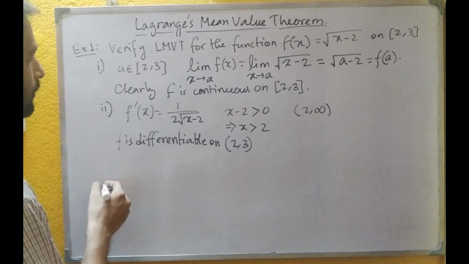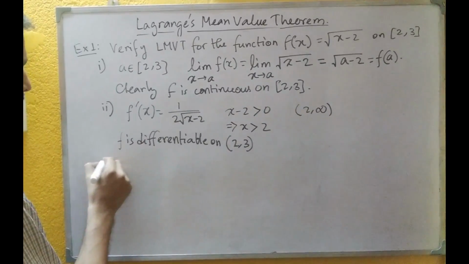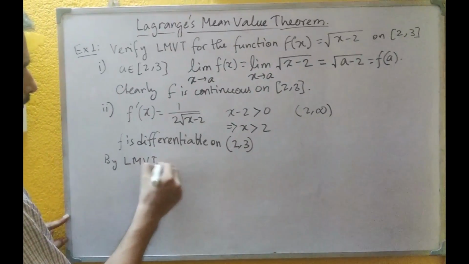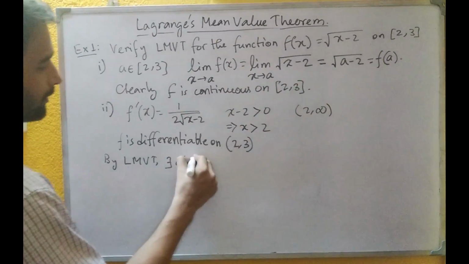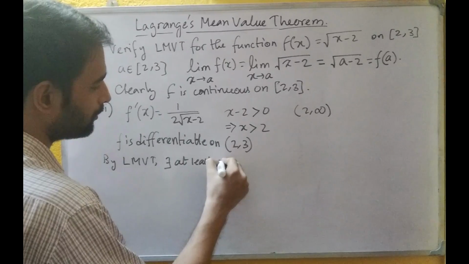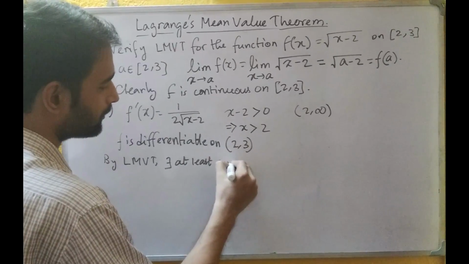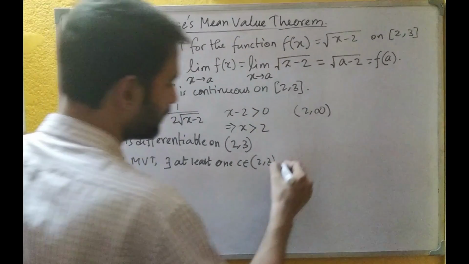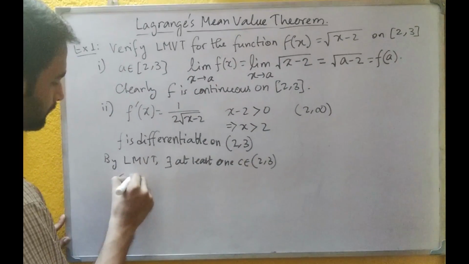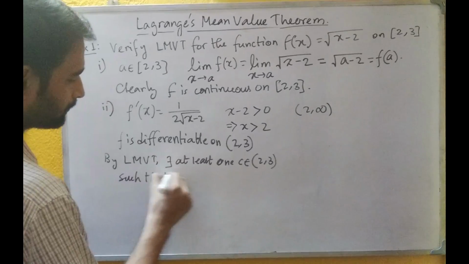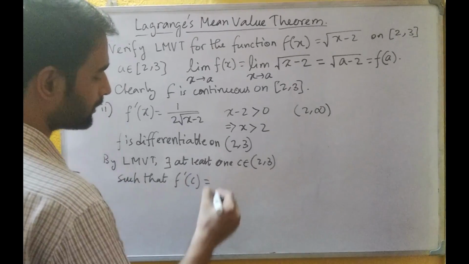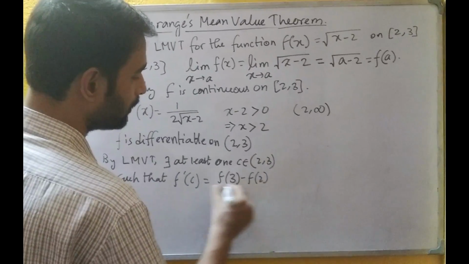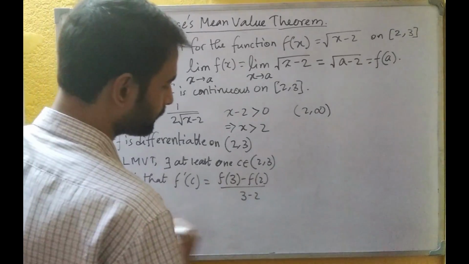So let us conclude that by Lagrange's mean value theorem there exists at least one c within the open interval (2, 3) such that f dash c equals f(3) minus f(2) by 3 minus 2.